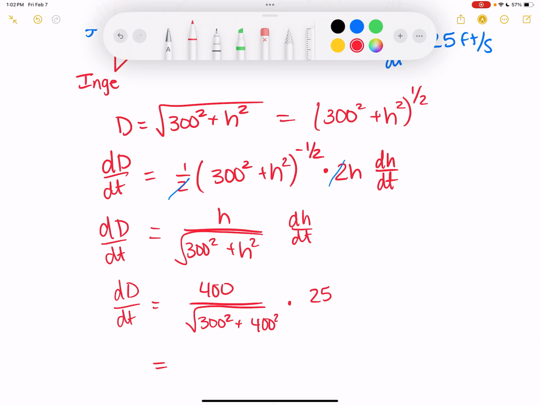Should need a calculator for this. Fair point. Because on top I've got 400. What amount's in here? That's 2,500.